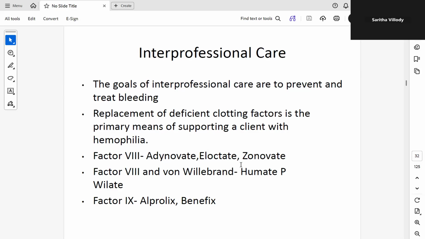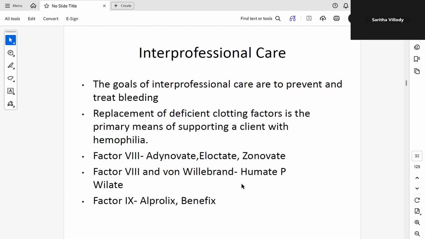The treatment is prevention and treatment of bleeding. Replacement of the clotting factors is the primary means of supporting patients. So nowadays there are a lot of very good treatments available, where these clotting factors are replaced. For hemophilia A, factor 8 replacement, there are different products like Xyntha is one of the common products we use, and Humate-P, which you will see is used a lot in our practice, which is factor 8 with von Willebrand protein.